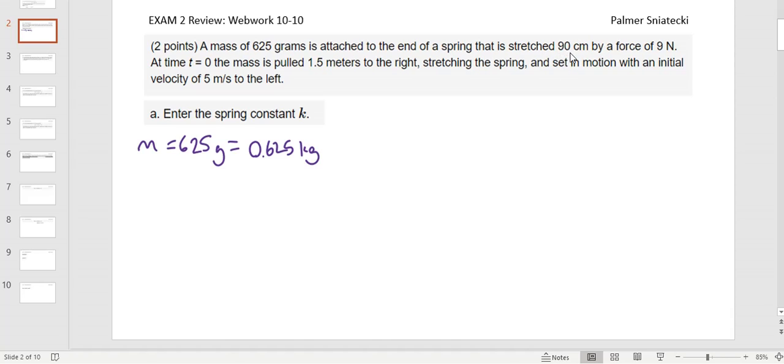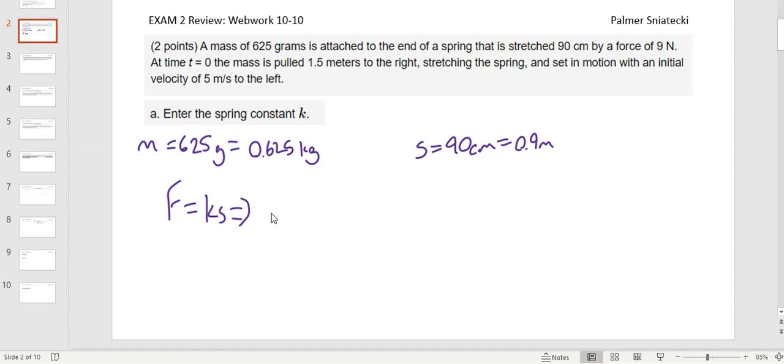Next up, we do need the distance stretched, and S is equal to 90 centimeters, which is equal to 0.9 meters. We note the equation that F equals K, the spring constant, times the distance stretched.